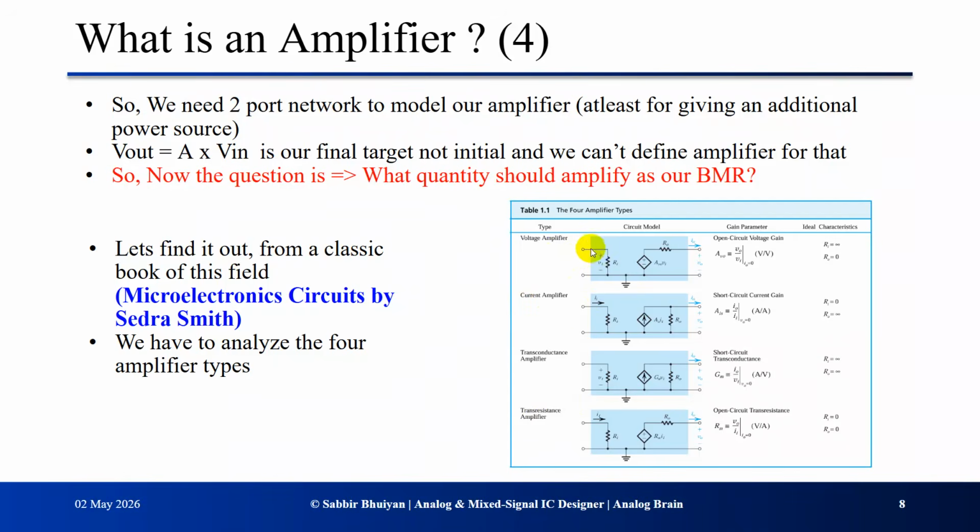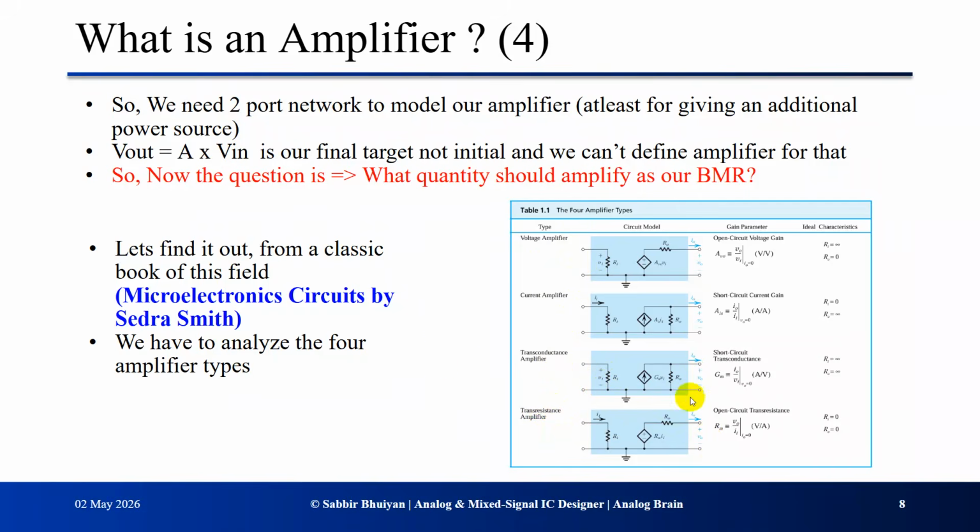Most designers start with a voltage amplifier, Vout equal to A times Vin, and they call it an amplifier. So this is not the universal amplifier. We want to model a block such that it satisfies all four amplifier types. One is voltage, one is current, another is the transconductance amplifier, where your input is voltage but your output is current. Another is the transresistance amplifier, where input is current and output is voltage.